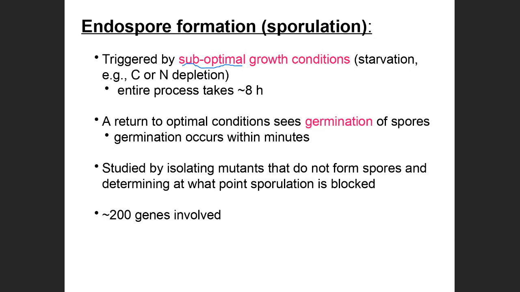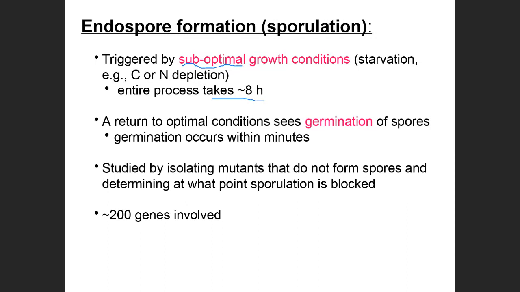The organism will sense the danger, and then it goes into sporulation quickly. And the whole process is quite quick. It takes about 8 hours for a spore, from the point of formation to the end, right?